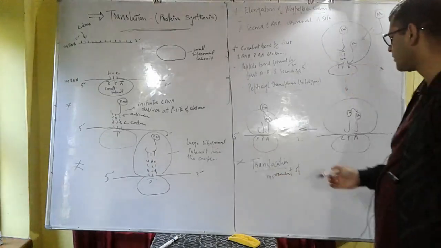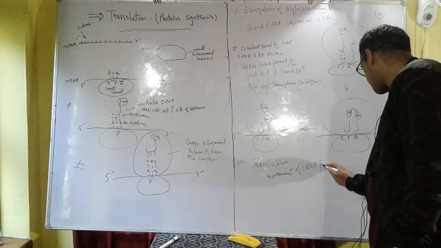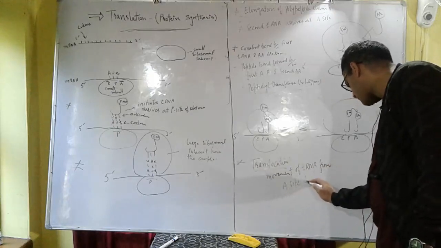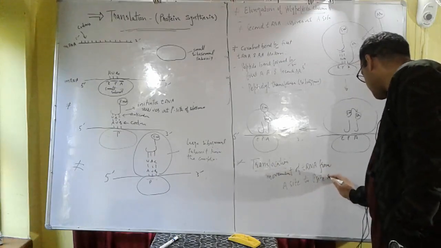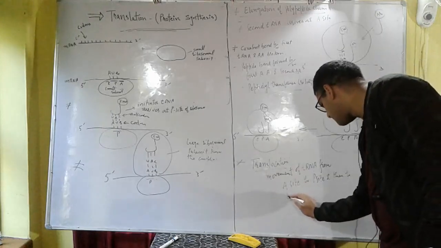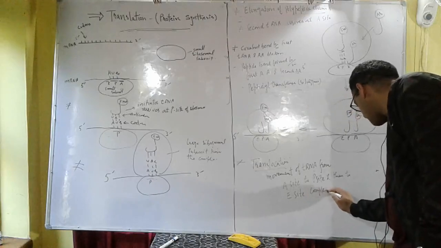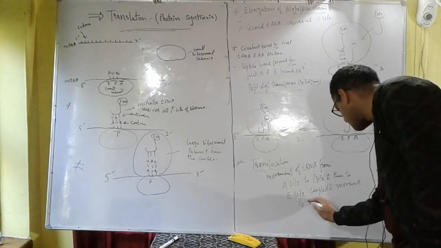What is translocation? Movement of tRNA from A site to P site and then to E site, coupled with movement of codons of mRNA.